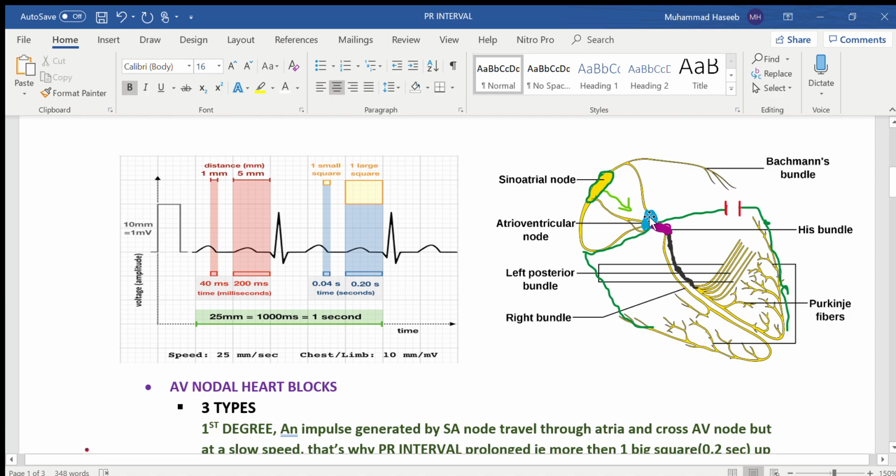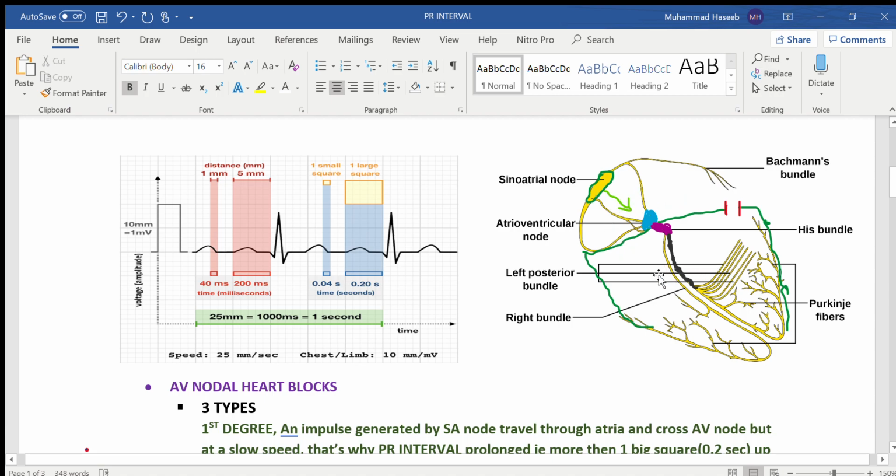This is due to the fewer gap junctions present over this AV node, and this AV nodal delay has a lot of physiological importance, because during that delay the atria are depolarized and contract, and this delay makes sure that the atria have ejected their whole blood into the ventricles. Now the atria are emptied, and the ventricles are filled.